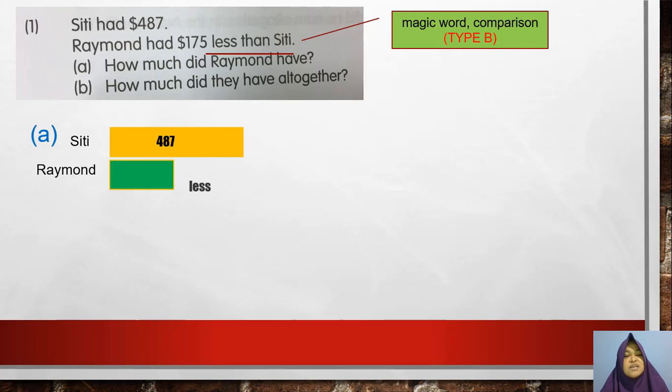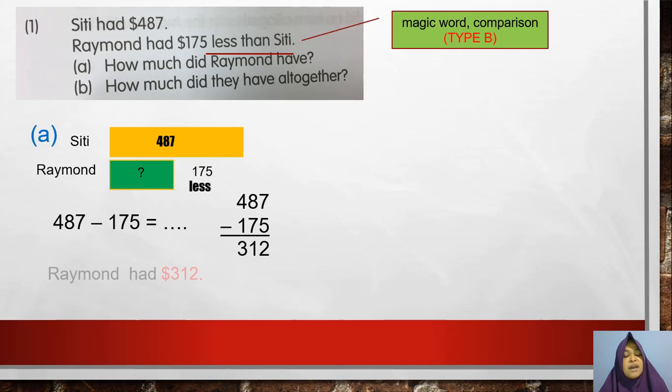Because of less, you put the magic word outside, 175. So the question mark is on Raymond. Because the question mark is on the small model, it will be subtraction. 487 subtract 175. The result is $312. So Raymond had $312.